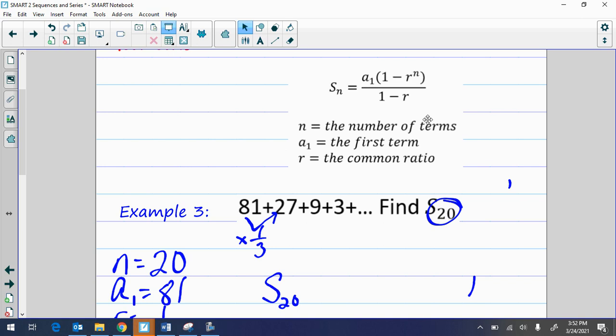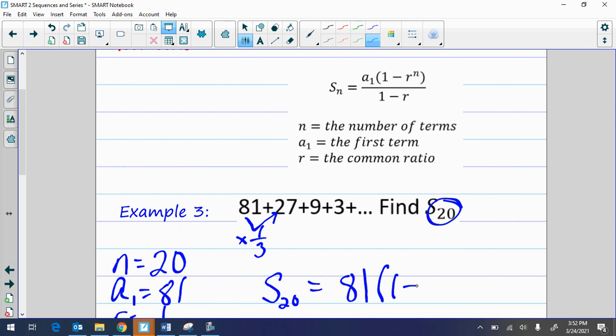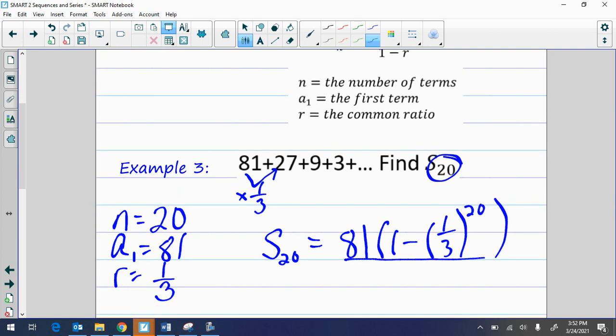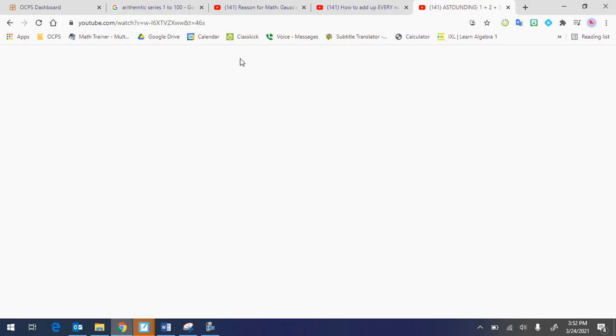My formula is a sub 1, which is 81, times 1 minus r, 1/3, to the n, 20, over 1 minus r. That looks super messy, right? You know what we're going to do? We're totally going to our online calculator.